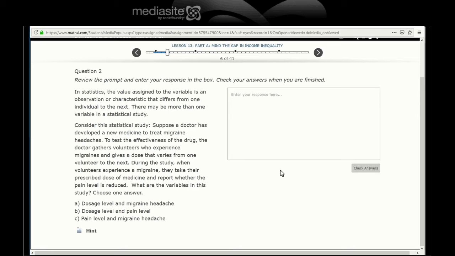Okay. So the study is basically migraines, a study of migraine meds. And what are we going to do? Well, remember, X is explanatory, Y is a response.